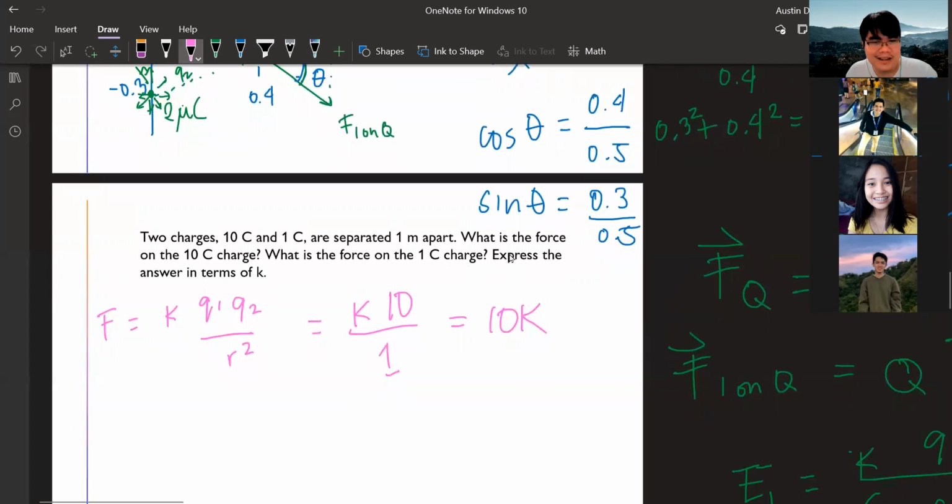Okay. Wag natin gamitin yung value, gamitin lang natin siya as K. Okay. Wag na natin siya i-express. Wait, what's the question? Ayun yung unang tanong. What is the force on the 10 coulomb charge? Yung 10K po. Okay. 10K. Sagot mo.